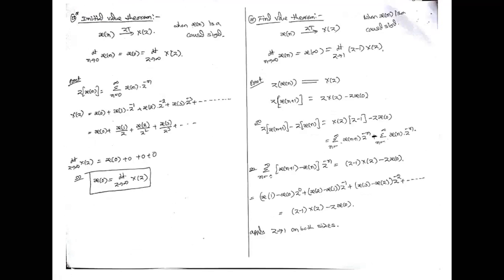And now, after these properties are completed, we have the two theorems. Parseval's theorem is also a theorem, and these two, the initial value theorem and the final value theorem. These names we already heard in the Laplace transformation, my students.